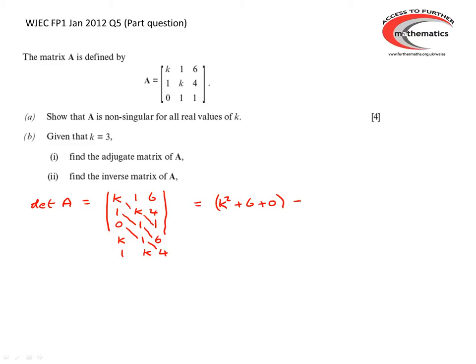Then I do the same with the diagonals going in the opposite direction. First of all, 6 times k times 0, which is 0. I've got 4 times 1 times k, which is 4k.